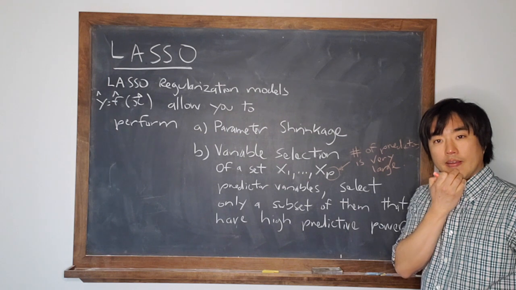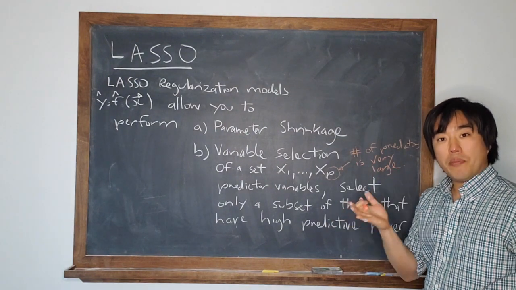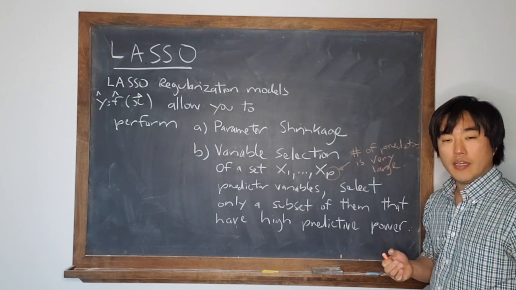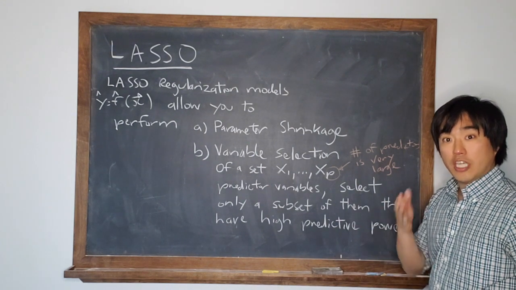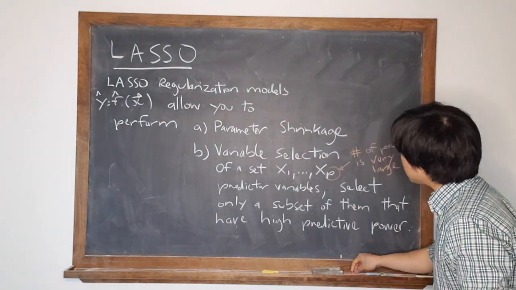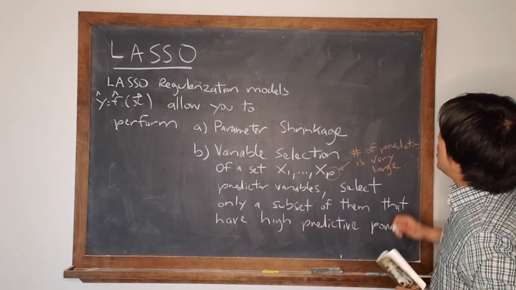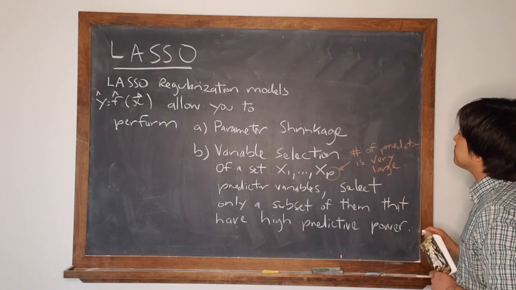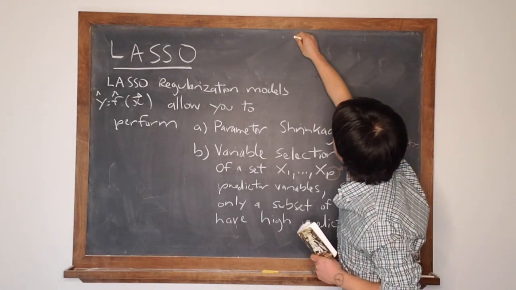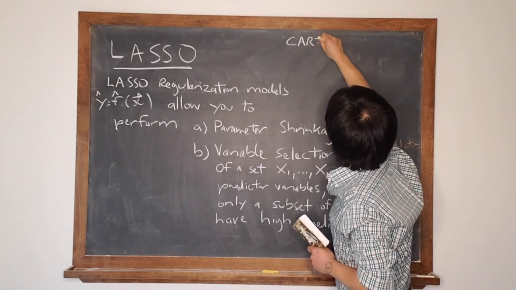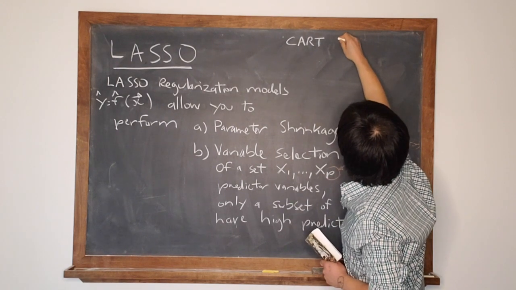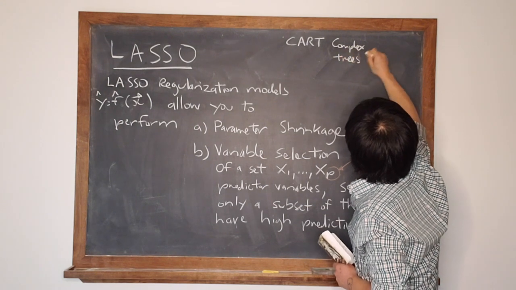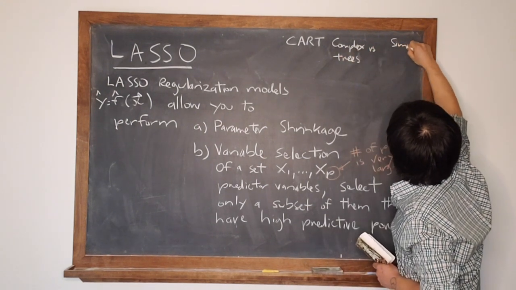All right. Now, before we jump into the code in lasso.rmd, there's one thing that I want you to keep in mind beforehand. Remember, for CART, we had complex trees versus simple trees.